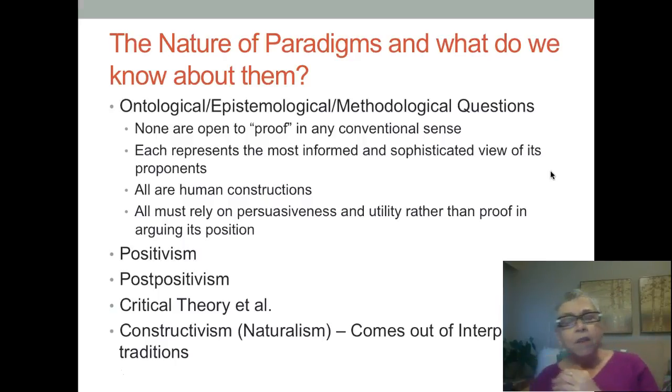So if you're arguing that you are going to be using quantitative research for a particular research study, then you need to be persuasive about why you've chosen that method and what it's going to offer you that other methods cannot. And that's how you justify the kind of research methodology and methods that you use.